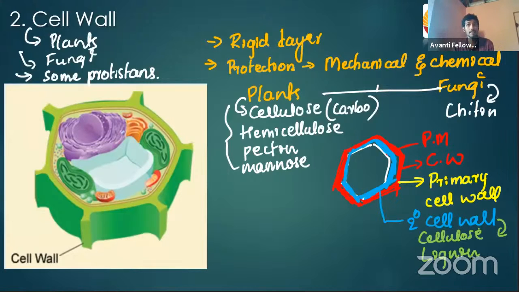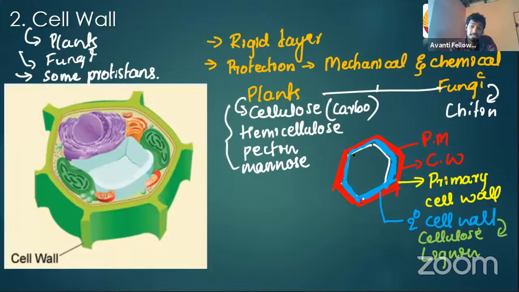Cells are growing and plants are growing, and as the plant becomes bigger, the plant cell has more pressure to hold everything. So to get more strength, it changed its composition from cellulose, hemicellulose, pectin, and mannose to a cellulose-lignin kind of layer.